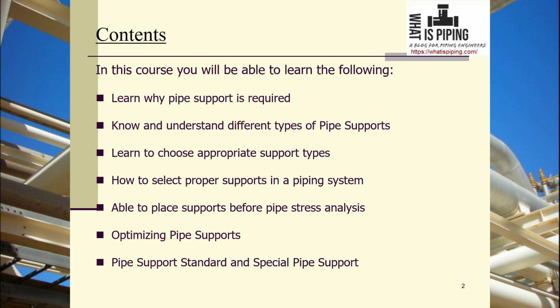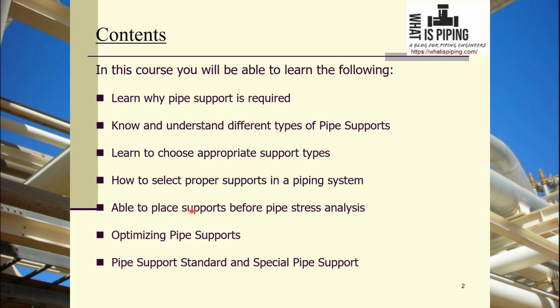Out of all these supports you will be learning the basics behind them, when to use those types of supports, and how to choose the appropriate type of support based on the component geometry or configuration and piping system philosophy. For example, for insulated piping you will be using shoe supports. For non-insulated pipe, the pipe can be directly rested on the pipe support. So all kinds of philosophies you will be learning.